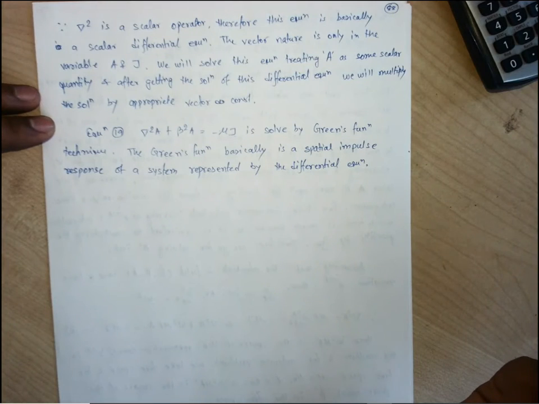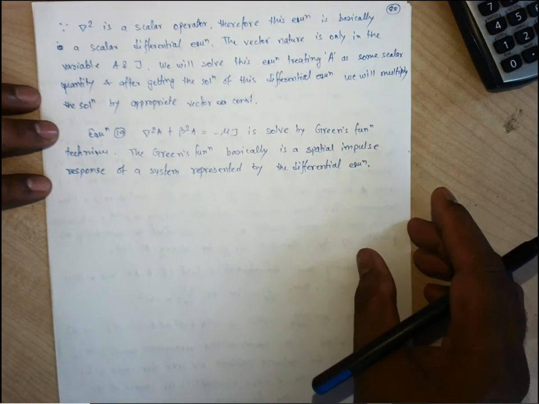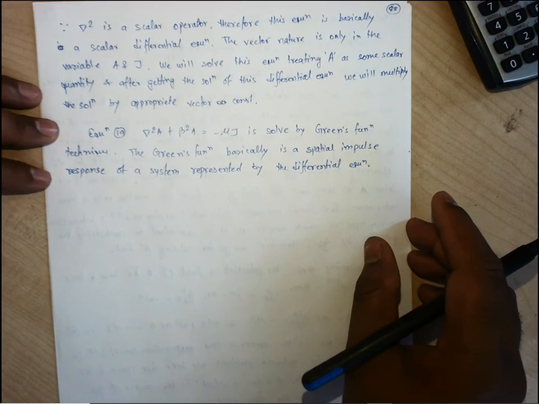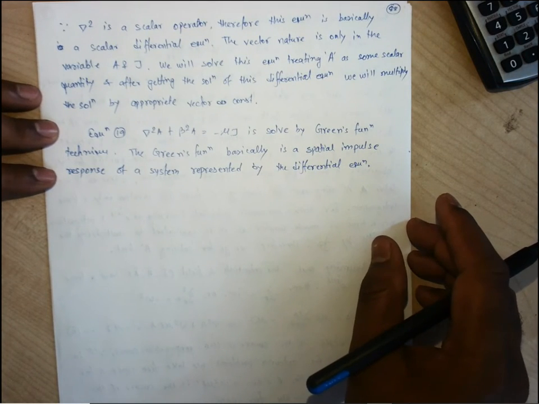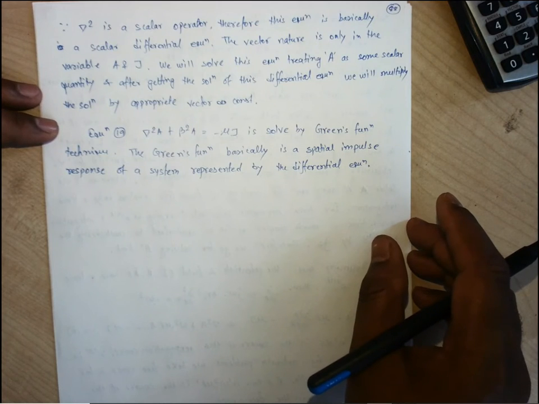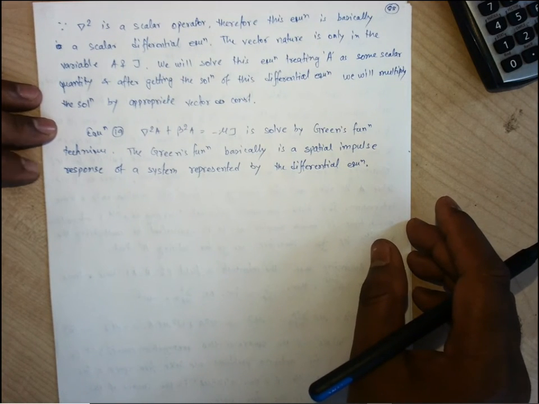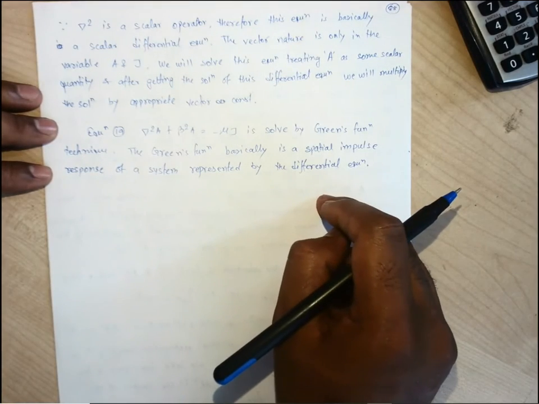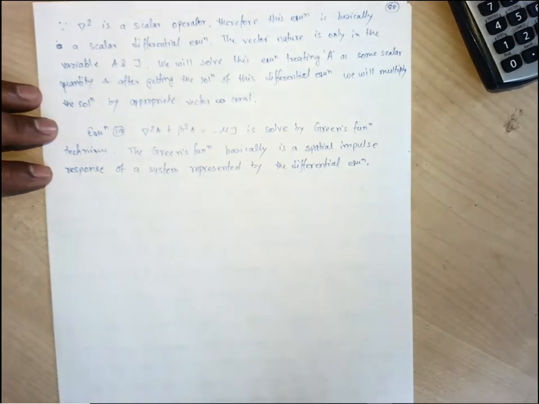Spatial impulse response means if the system is excited by certain impulse signal, then what is the response? And that response is represented by the differential equation. That is what all about the Green's function technique is.